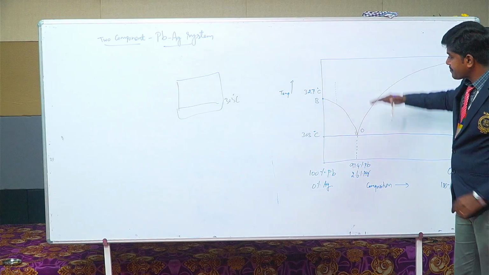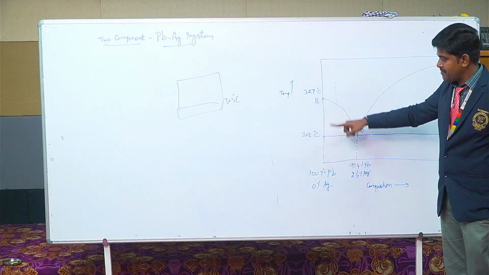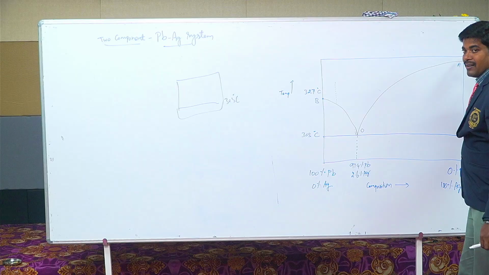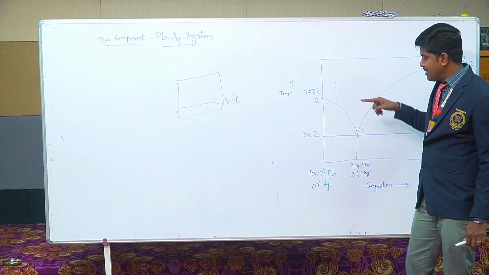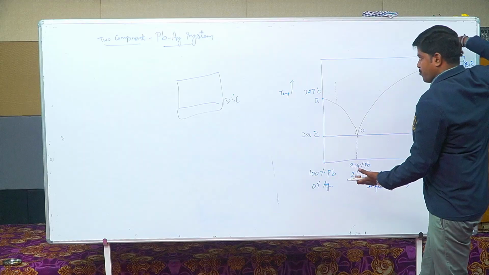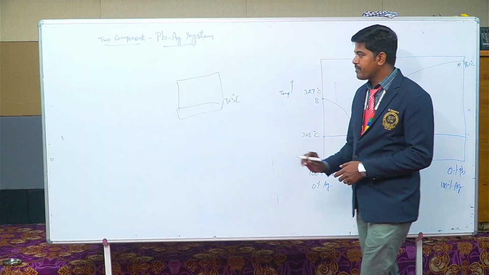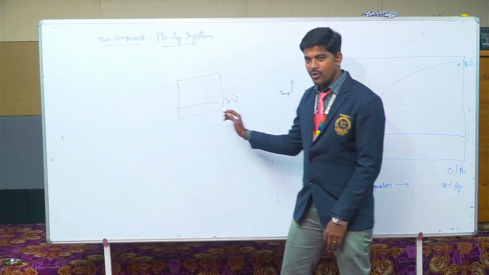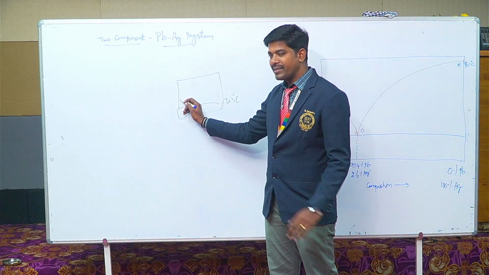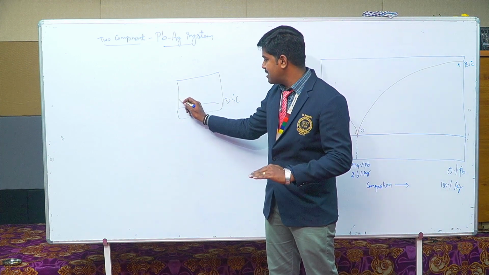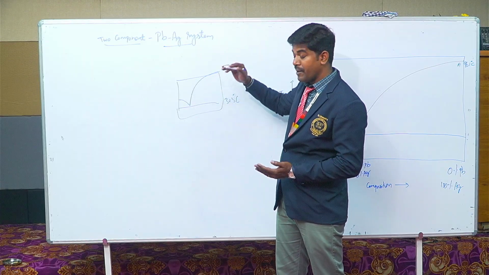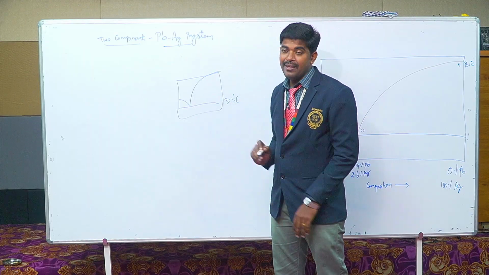See the range of the axis: 327 is a lower temperature and the higher temperature is for silver. So you need to start from B. This one should be lower, and then you need a very big axis, a higher range, for the silver.